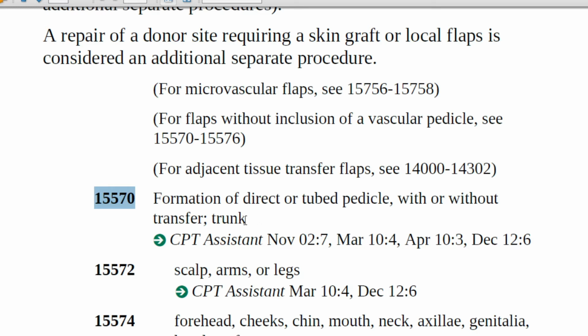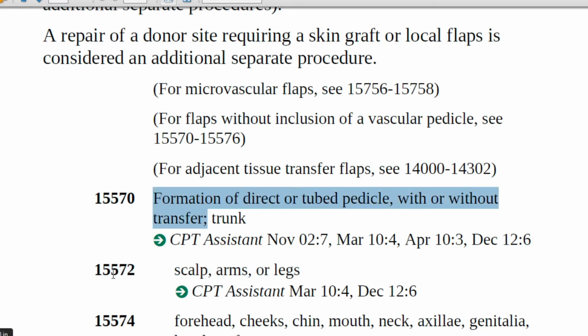So if it is performed on the trunk, then you can assign 15570. And again, if the tube or direct pedicle is performed on the scalps, arms or legs, then you can assign 15572. And remember, till the semicolon the code description is the same for 15572 and all the other groups.